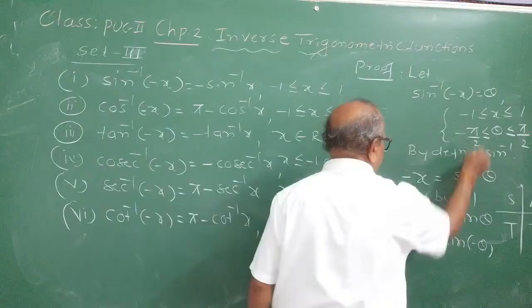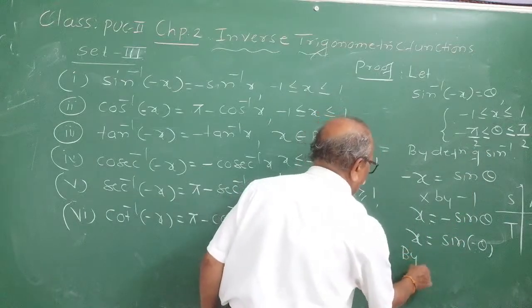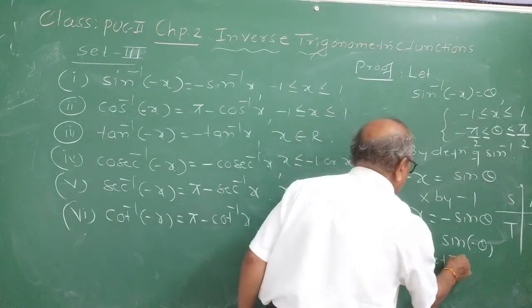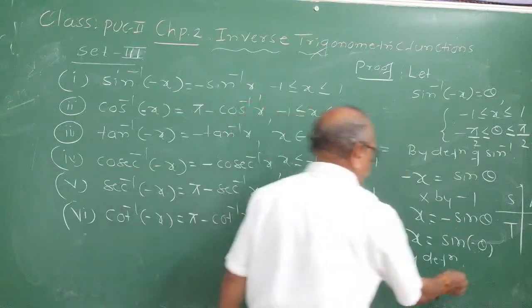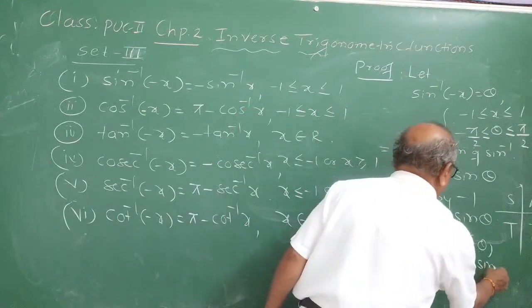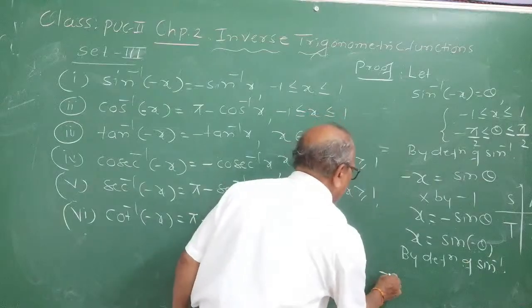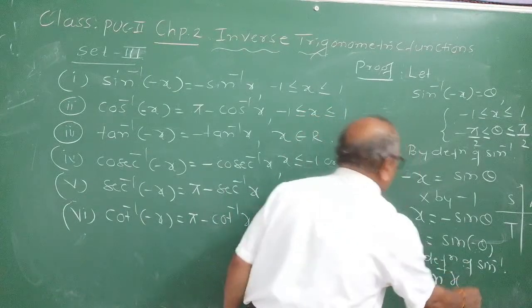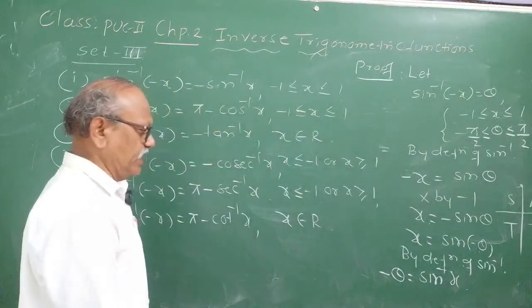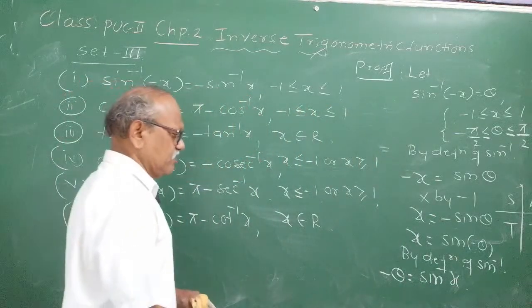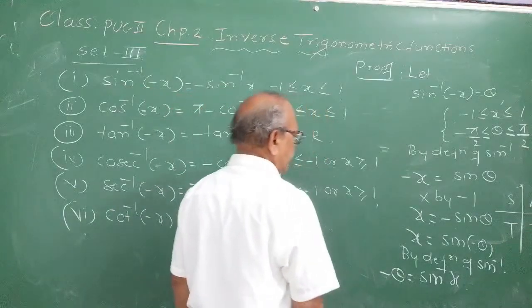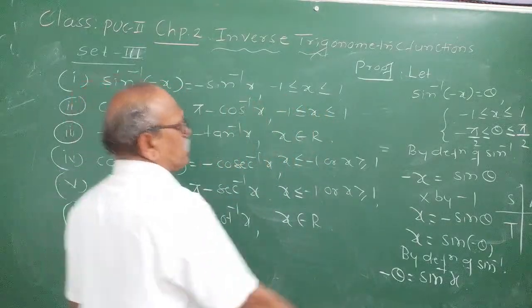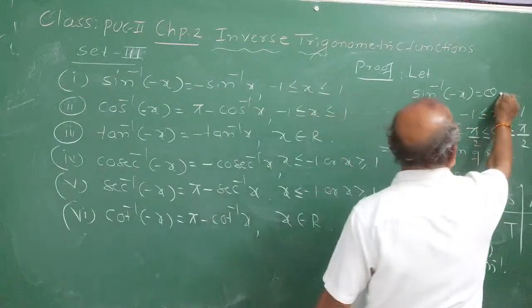When theta is satisfying the condition, by definition of sine inverse, you can write it as minus theta is equal to sine inverse x. Minus theta is equal to sine inverse x. Right? What is your assumption of theta? Observe.